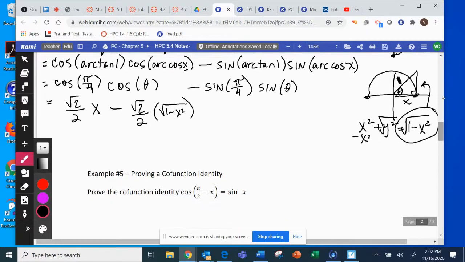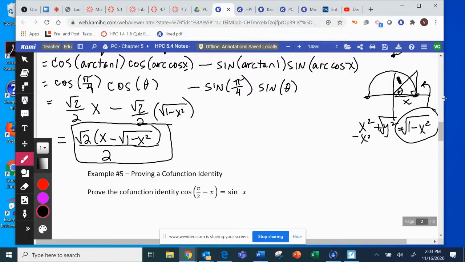Okay, they both have the same denominator. They also both have a radical 2 on top. So I'm just going to manipulate this answer just a little bit. I'm going to put it over the 2, but I'm going to factor out the square root 2. And then it has x minus the square root of 1 minus x squared. This is not exactly how they have it written in the book.